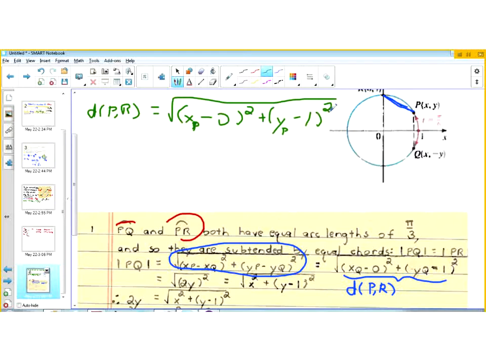Now, what I want is to reformulate this distance in terms of the coordinates of Q. We don't have to, but if we reformulate this distance in terms of Q, then we'll have a very simple calculation that will result.